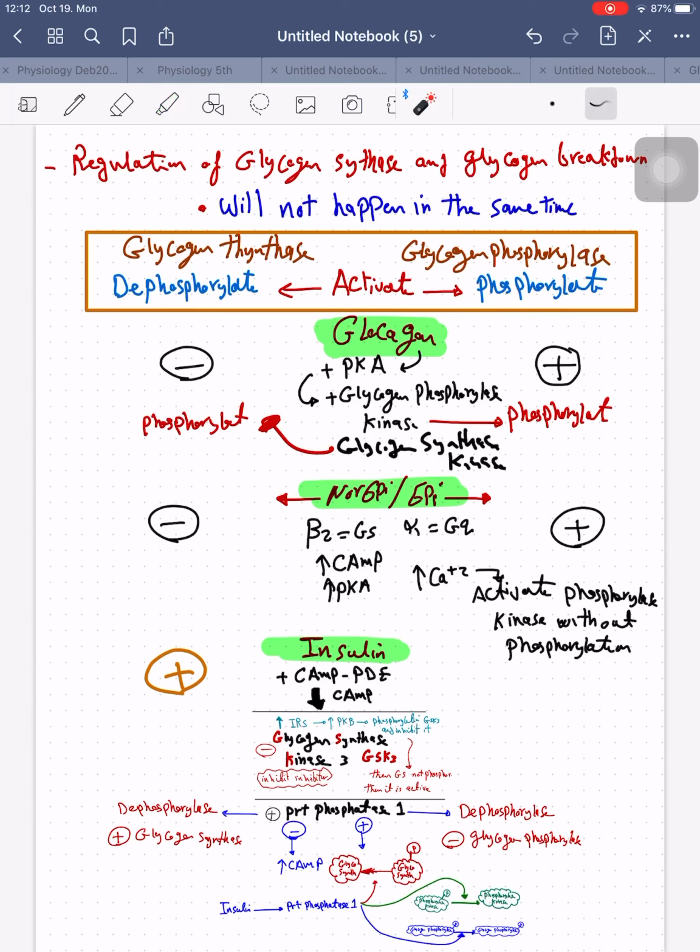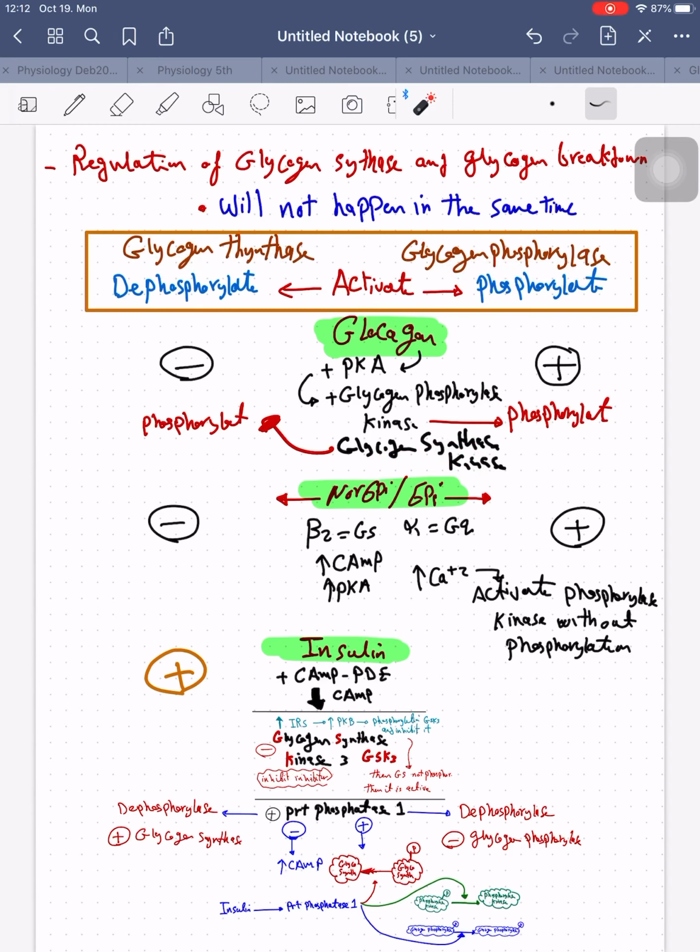Gs will activate AC, increasing cyclic AMP, cyclic AMP activates PKA. PKA, protein kinase A, will activate two kinases: glycogen phosphorylase kinase and glycogen synthase kinase. One kinase phosphorylates glycogen phosphorylase and one phosphorylates glycogen synthase.